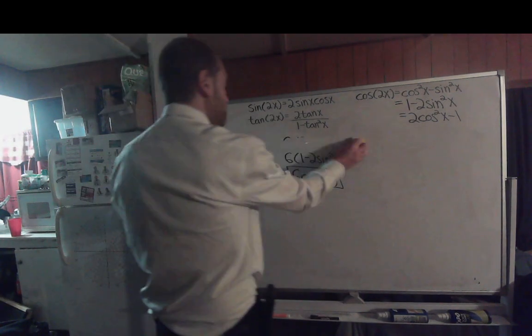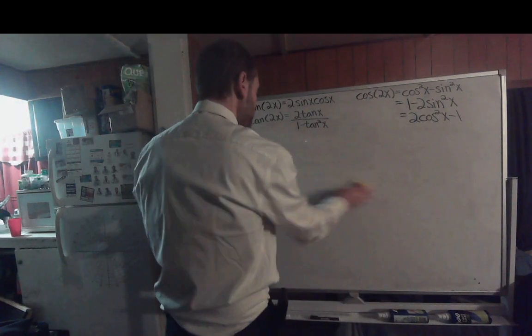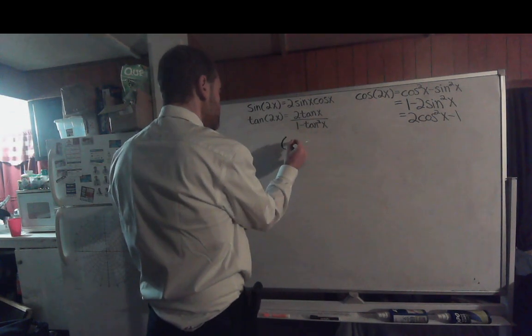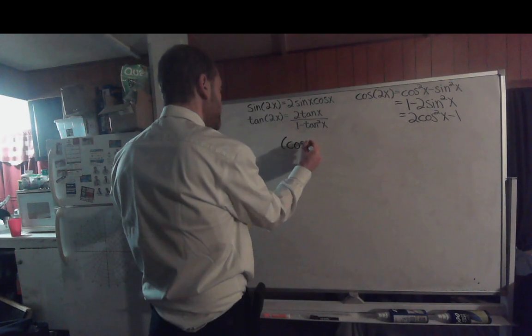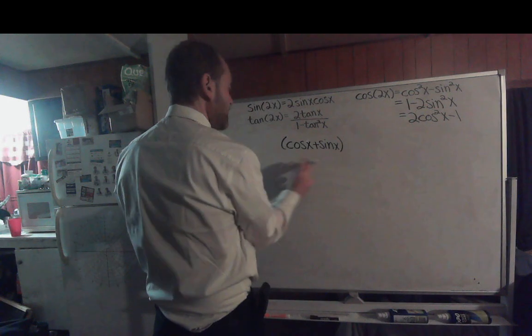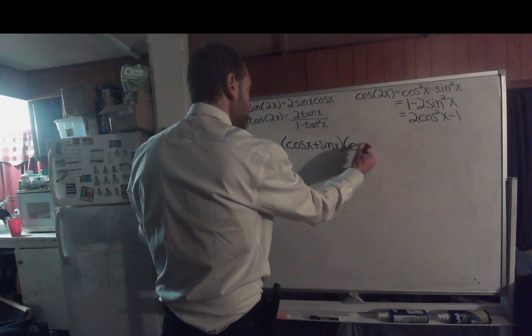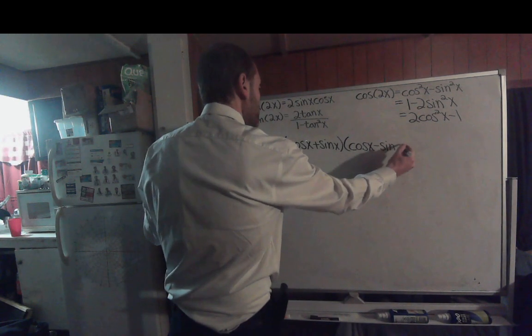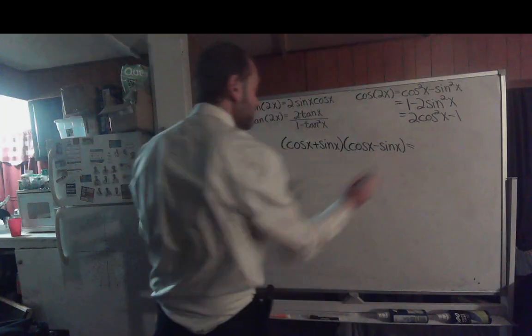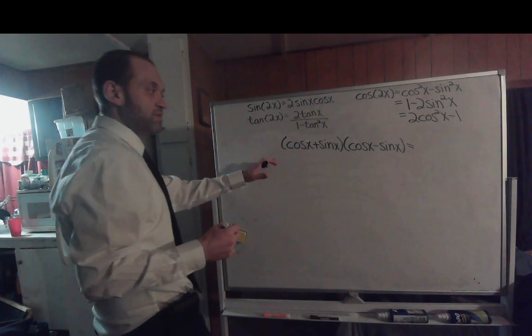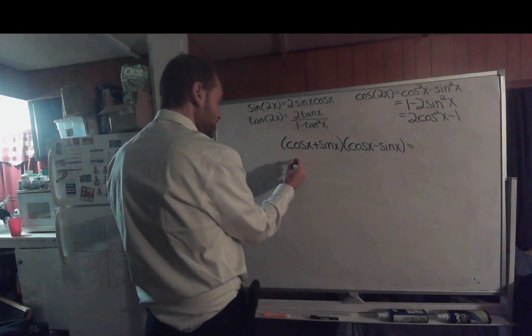I got just one more, then we're done. So we have the cosine of x plus the sine of x, that quantity times the cosine of x minus the sine of x. This one is almost laughable because it definitely looks like the difference of two squares factored, which it turns out it is.